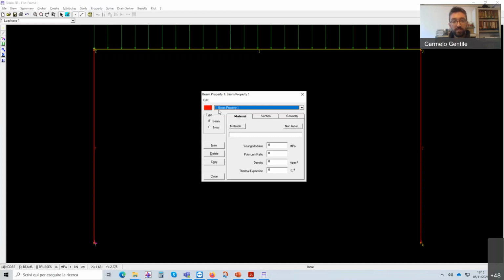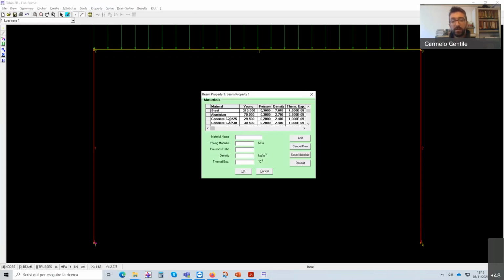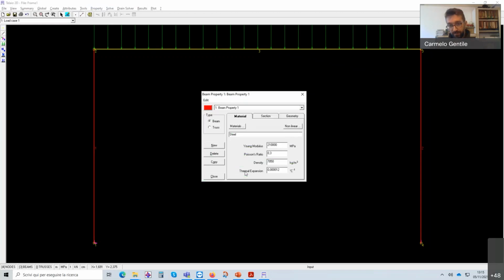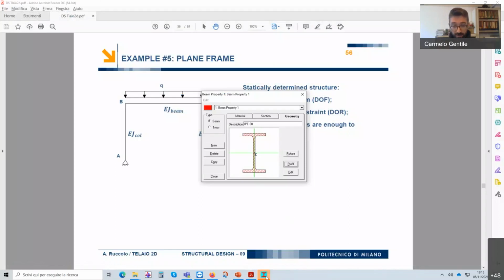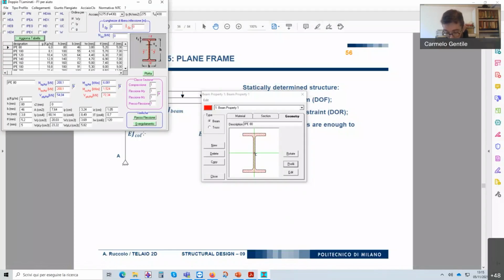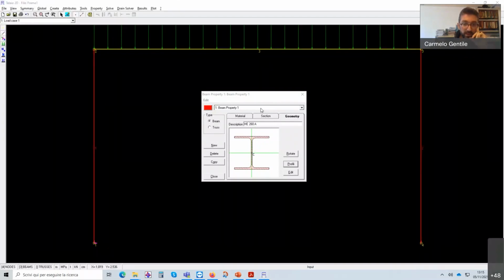So let's go first on beam property 1. Material, let's stick to the steel. Geometry. We go on Profili, and we can see that the columns have cross-section HEA 260. We have selected it. Okay. Then we have material and property.